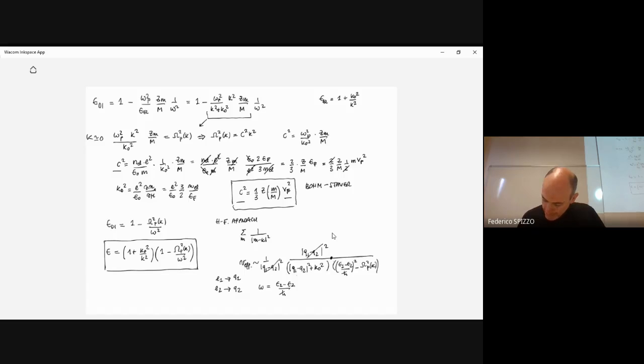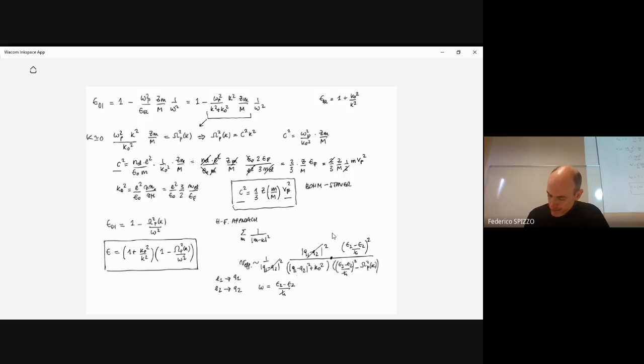And here above we have (E1 minus E2) divided by h bar, squared. So this is, let's say, the effective term that we need to consider in the electron-electron interaction when we consider both the electronic and the ionic contribution.